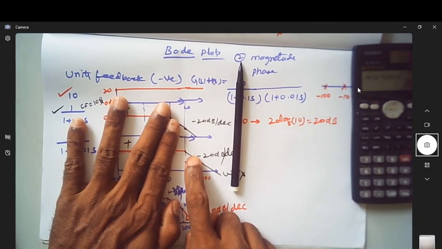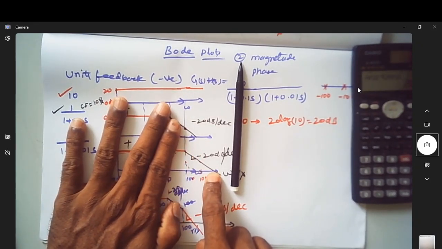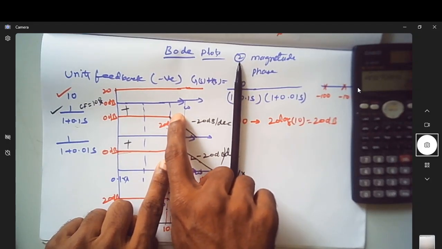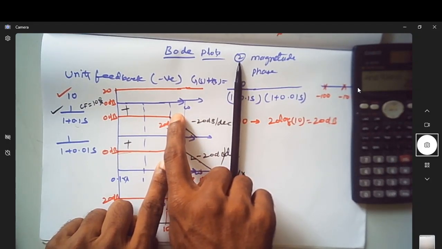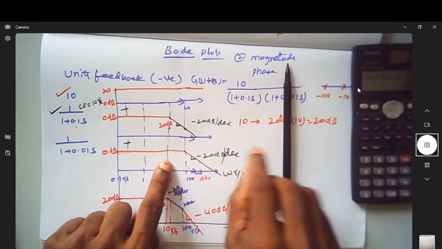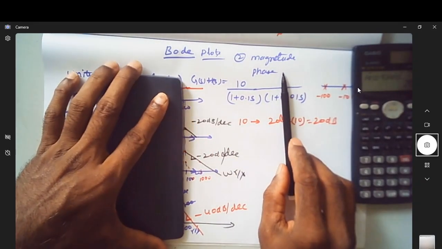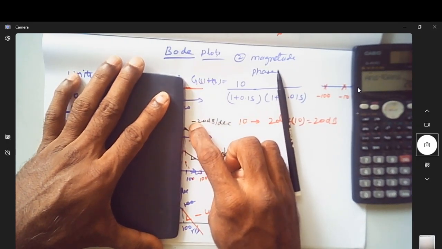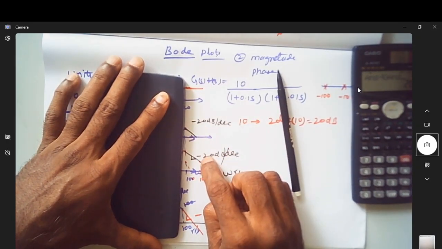Then at 100, there is one more change in slope. You can see I have a slope change at 10 radian per second. That will continue here, that will continue forever. So after 100 radian per second, you have 0 dB slope. This is minus 20 dB slope. This is another minus 20 dB slope.